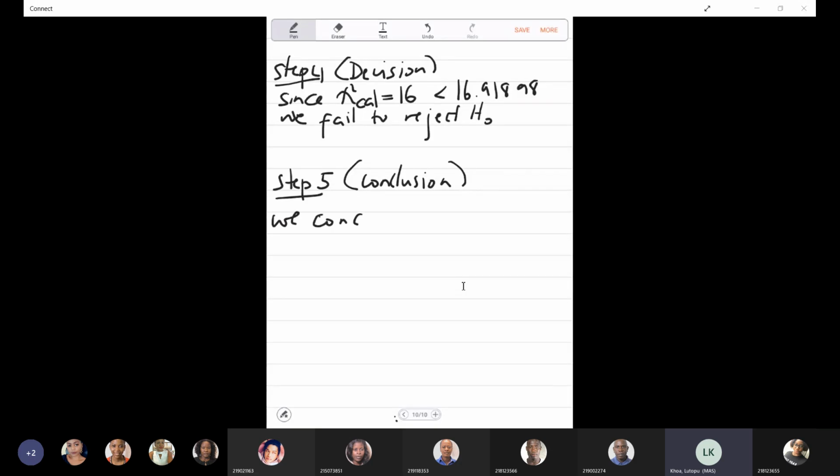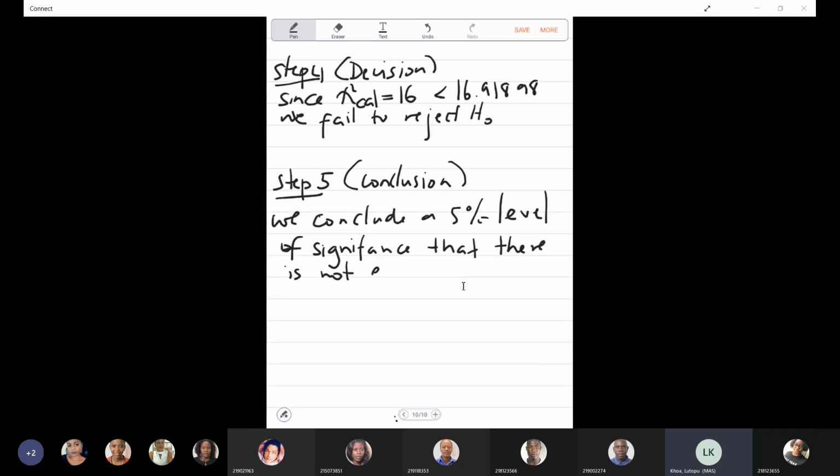We conclude at 5% level of significance that there is not enough evidence to conclude that sigma is greater than 0.9.